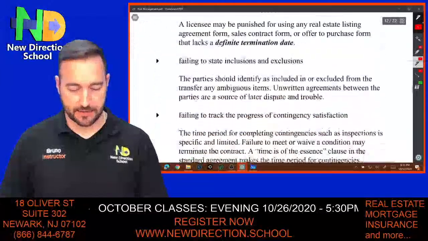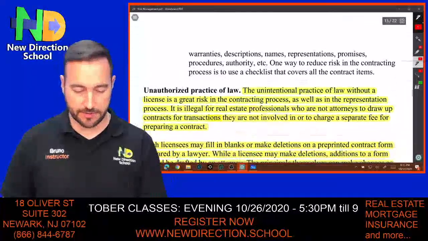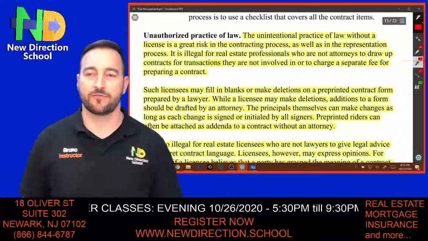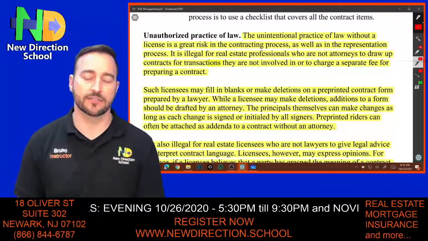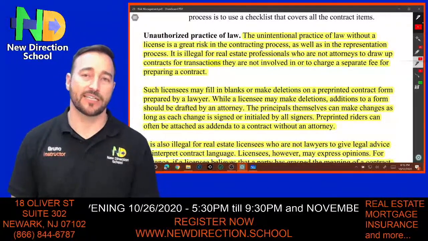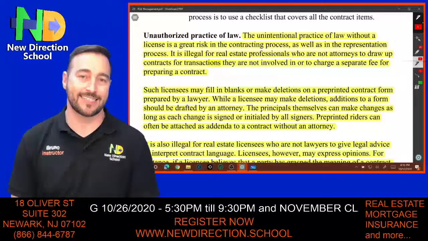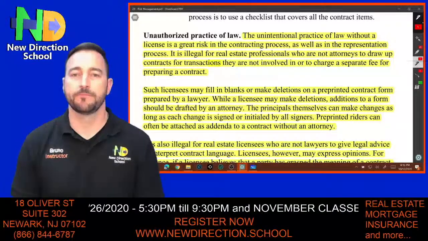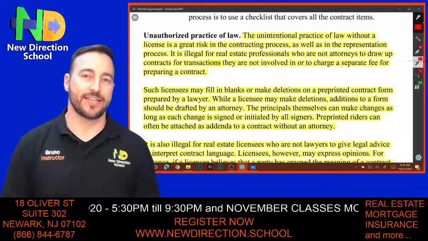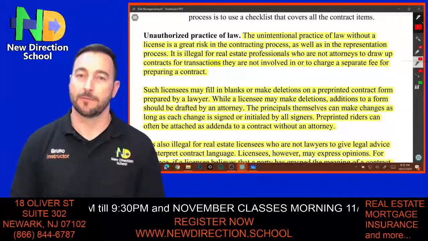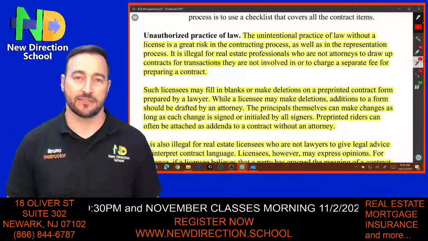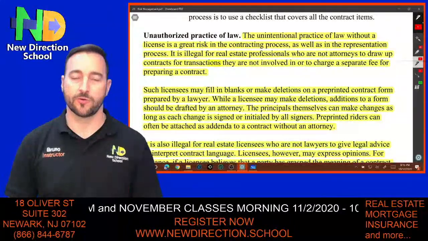All right. Again, briefly going over all this because we already talked about it. Unauthorized practice of law. When we talked about preparing contracts, do we prepare contracts? Yes, if allowed by state law, we prepare contracts on standard forms, right? Anything beyond standard forms, that's something that doesn't fall within the scope of the basics that the state said, hey, it's okay.